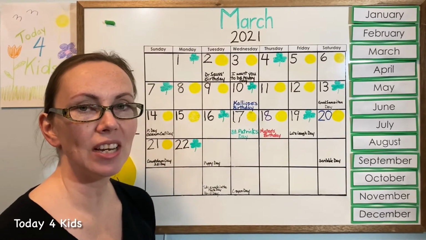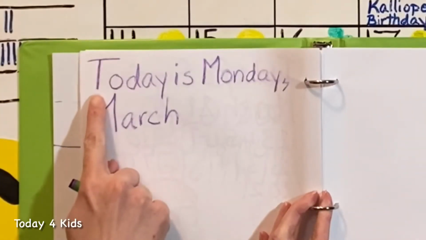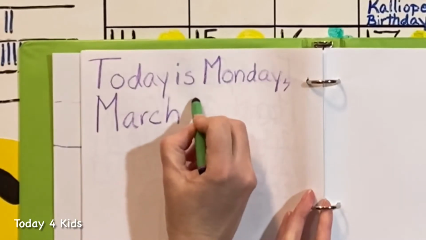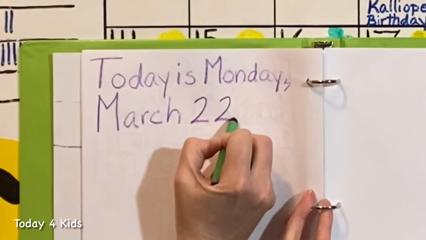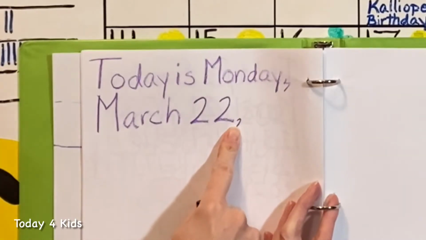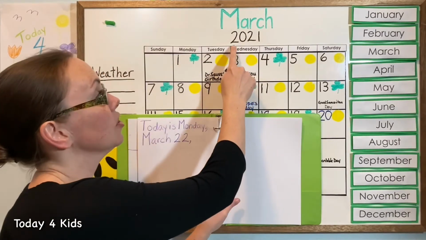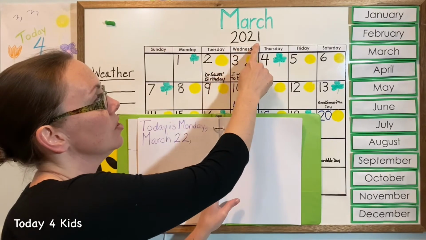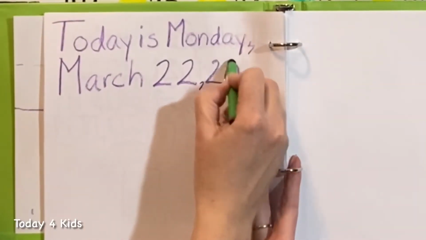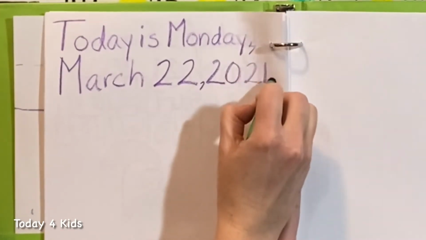Let's put our number into our agenda. Today is Monday, March 22nd, 2, 2, and then a comma. And that comma reminds us to pause before we say the year. And the year is at the top of the calendar with the month, 2021. 2, 0, 2, 1, and then a period.